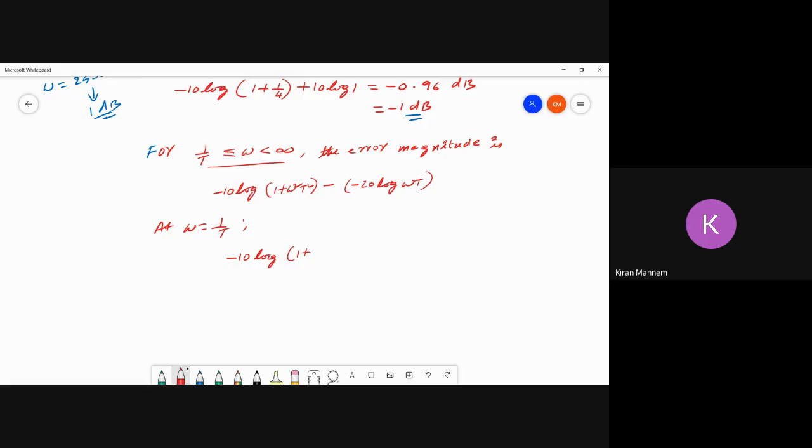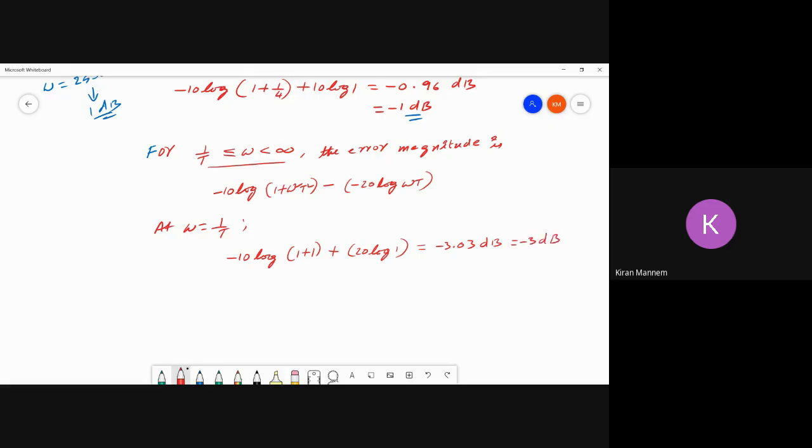Again, we'll get 1 here. Now minus gets cancelled. It will be plus 20 log 1. So what's the value? Again, the value will be minus 3.03 dB, or approximately, I can say it is minus 3 dB.